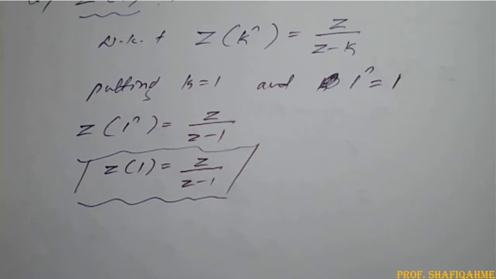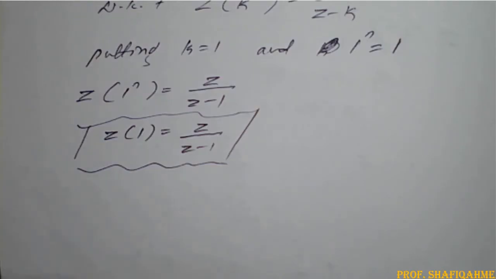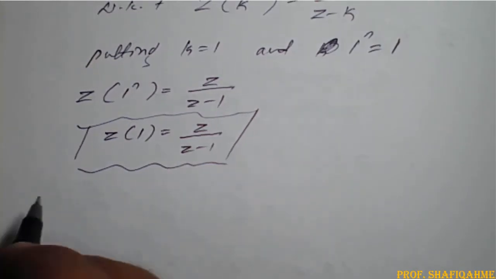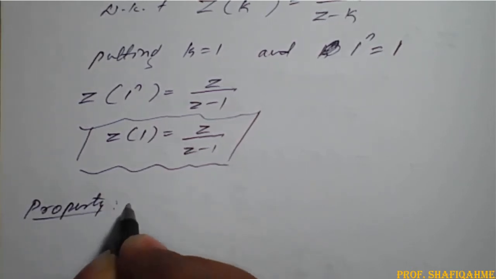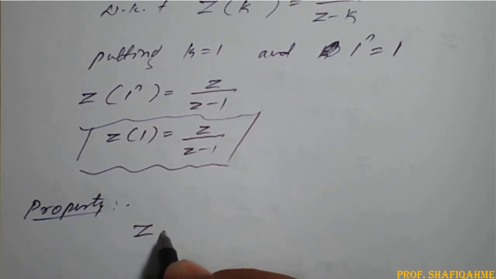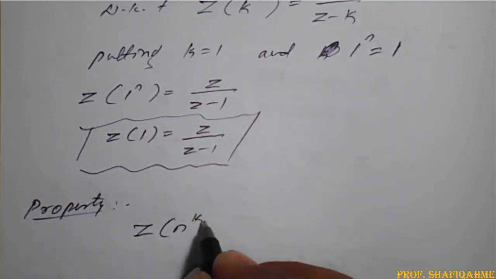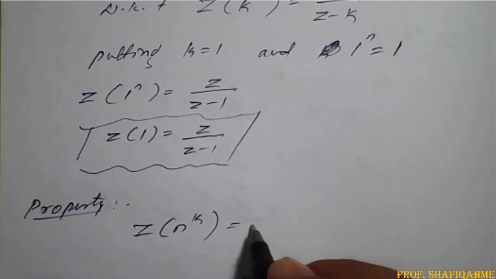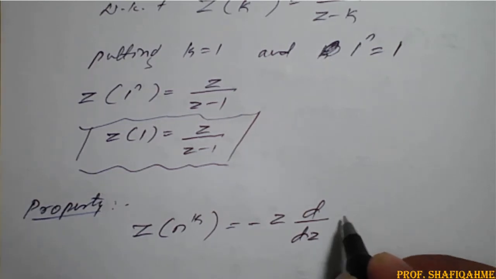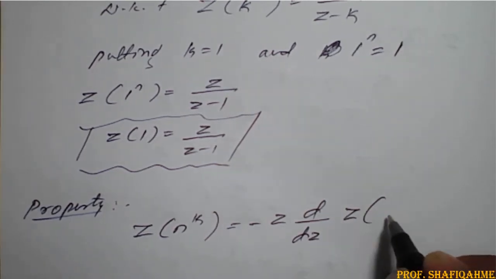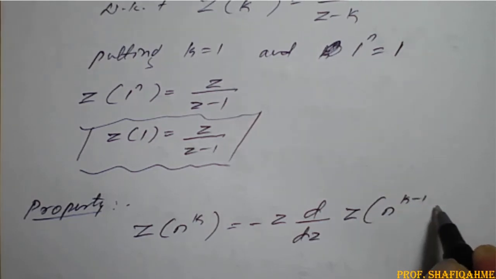Next, a few more results we'll see. To find a few more results we need to remember something, so we'll see first a few more results by using one of the properties. So we'll see what the property is. The property is: the Z transform of n raised to k is equal to minus z into d by dz of the Z transform of n raised to k minus 1.